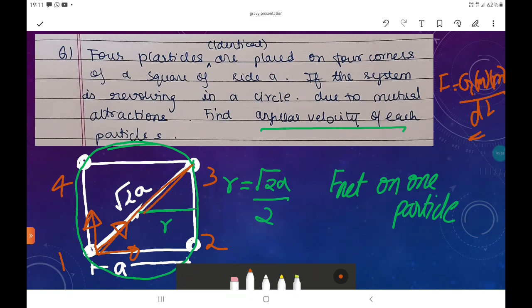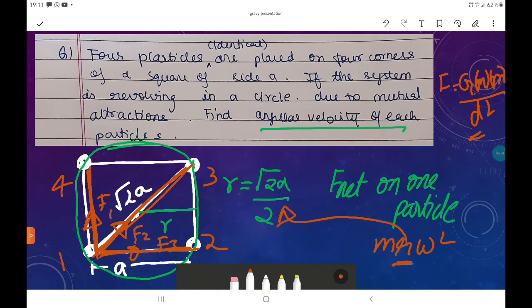Here the distance is this distance, here this distance, and here this distance. You just need to find all three forces, F1, F2 and F3, and add them vectorially. After adding vectorially, you need to equate that net force to centripetal force, m r omega square, where r is this radius, and find the angular velocity.